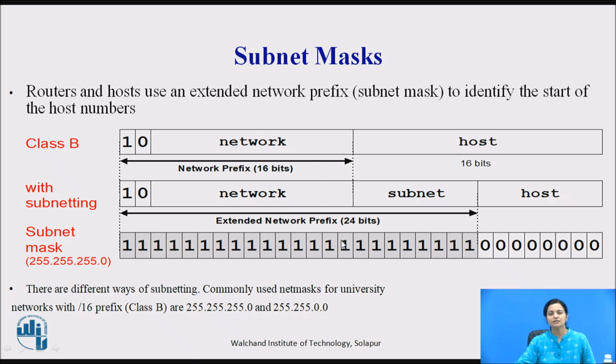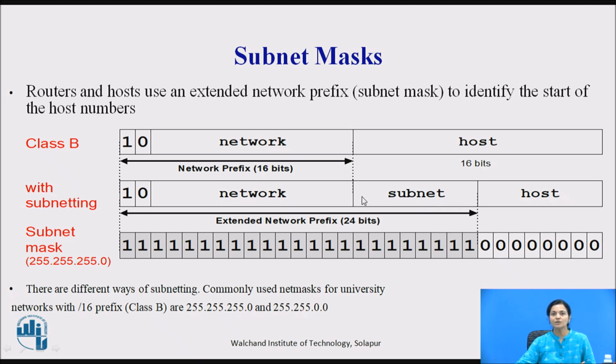Up to this point we have the mask as 1, and we identify that as the network address. Now concentrate on the host. As per our network size, we borrow some bits from the host. It may be 1 bit, 2 bits, or 3 bits.